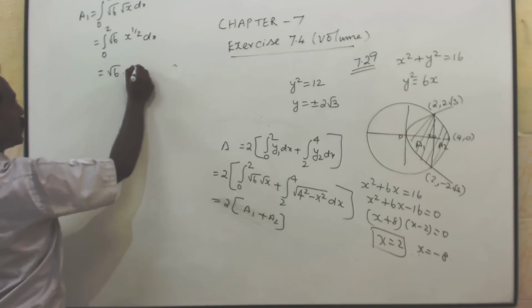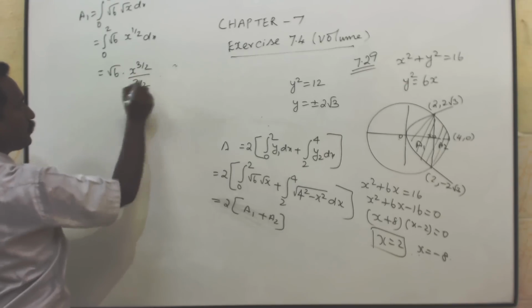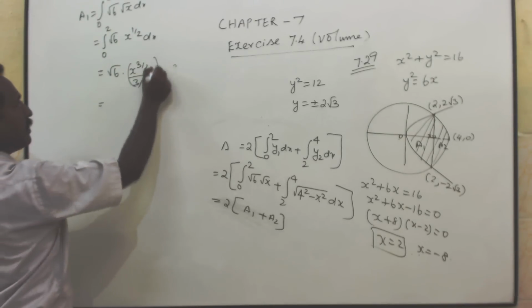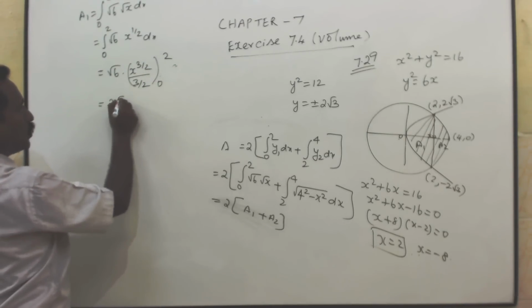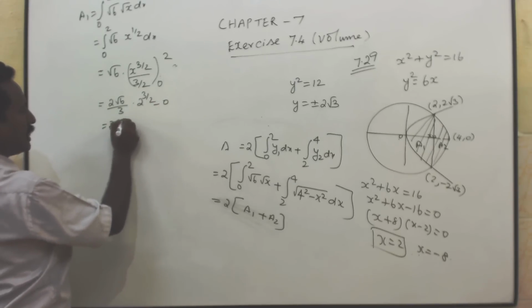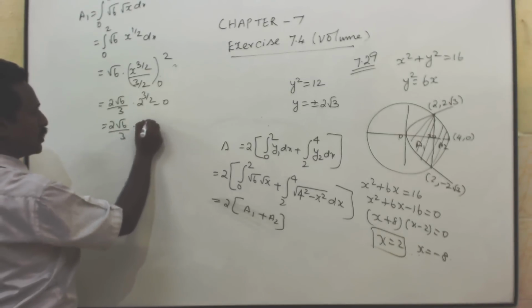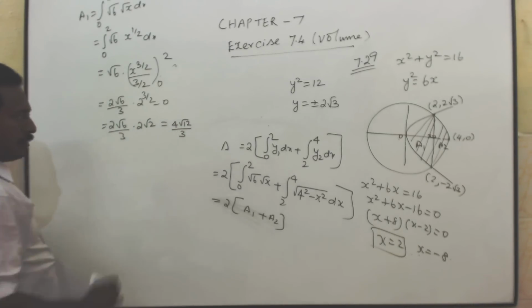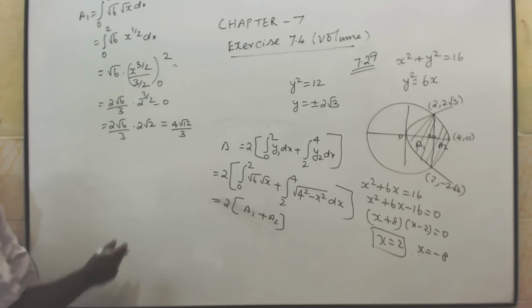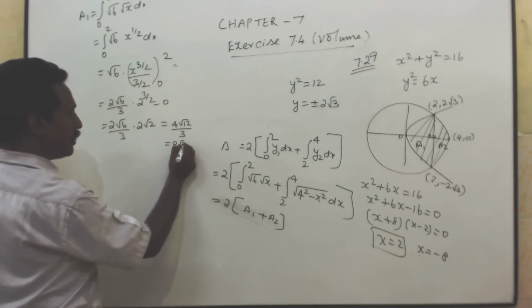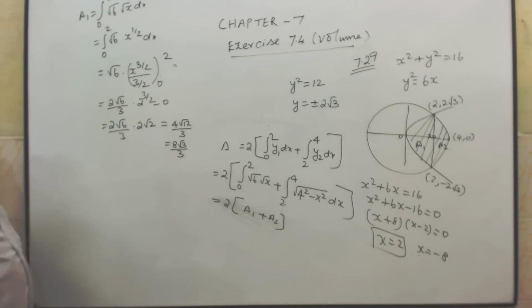Integration of x power half is x power 3 by 2 divided by 3 by 2, with limit 0 to 2. That is 2 root 6 by 3, 2 power 3 by 2 minus 0. 2 power 3 by 2 is 2 root 2, so that is 4 root 12 by 3. Root 12 can be written as 2 root 3, that is 8 root 3 by 3. That is the first part.